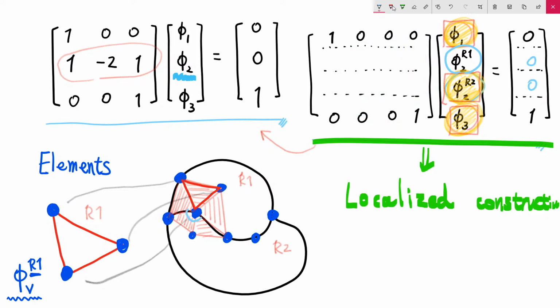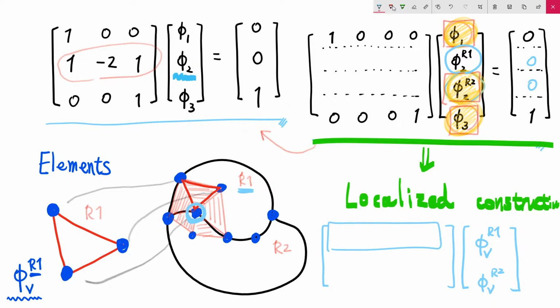Here, now consider this point. Then if we consider R1, if we consider triangles belonging to the R1 region, then just assign your evaluation result on this row.